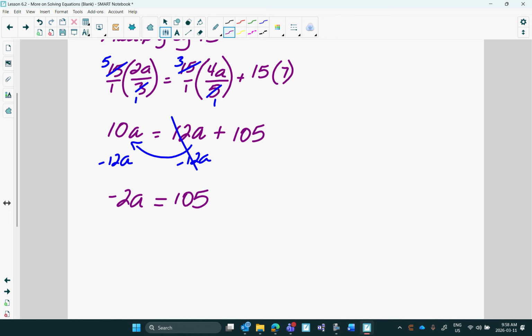A is still not by itself. Divide by negative 2. Divide by negative 2. And a is equal to 105 over negative 2, or sorry, negative 105 over 2. That's fine.